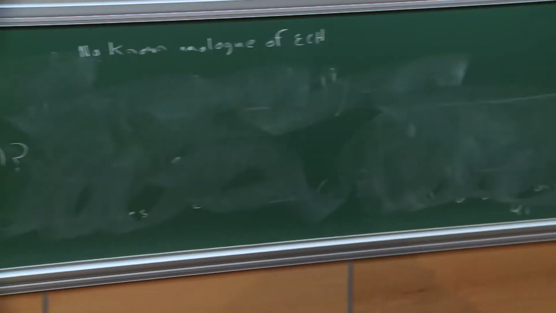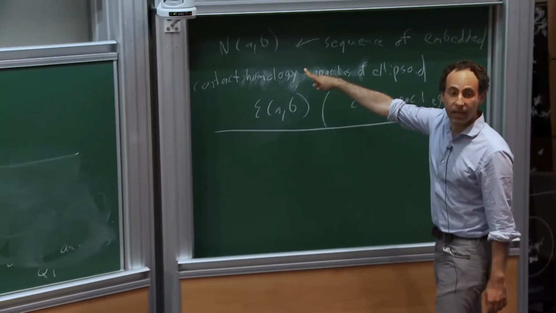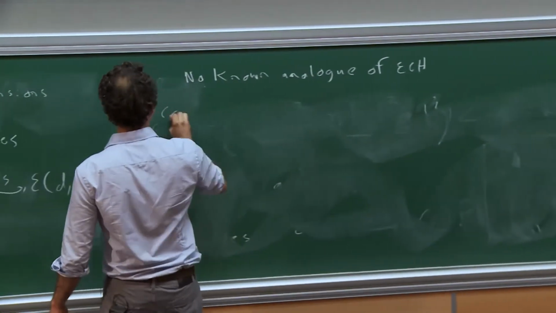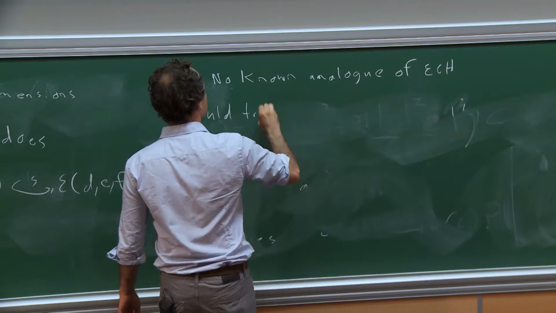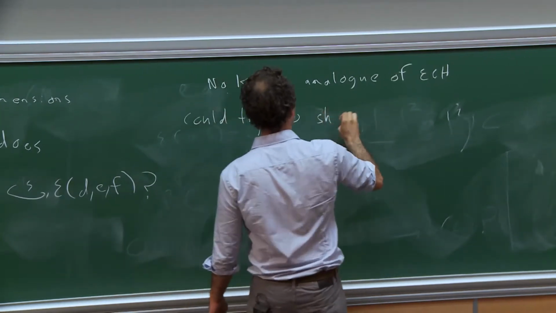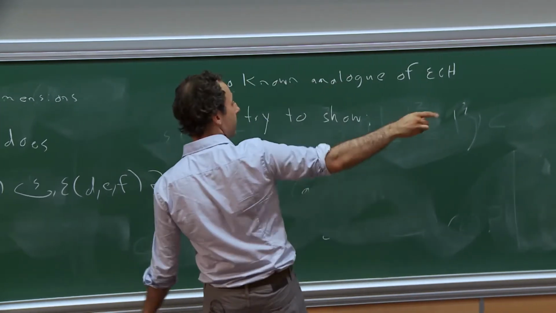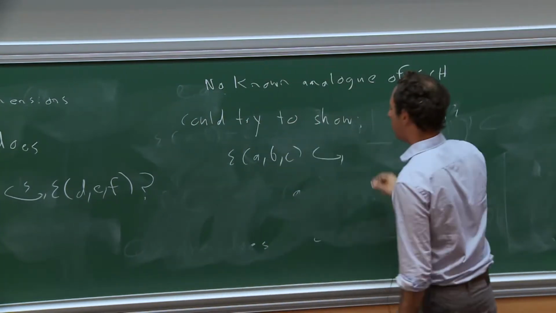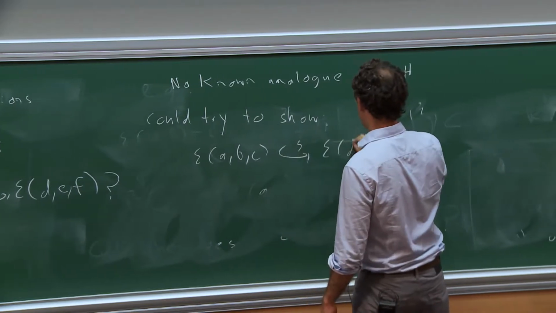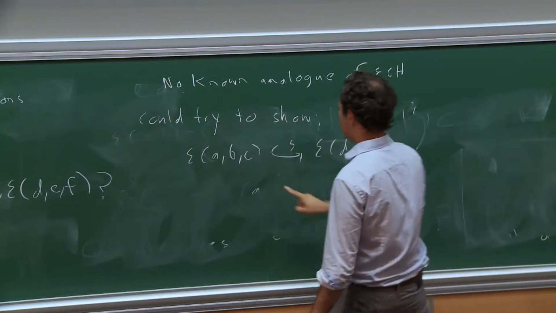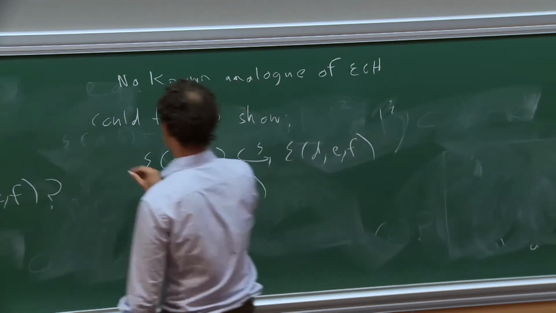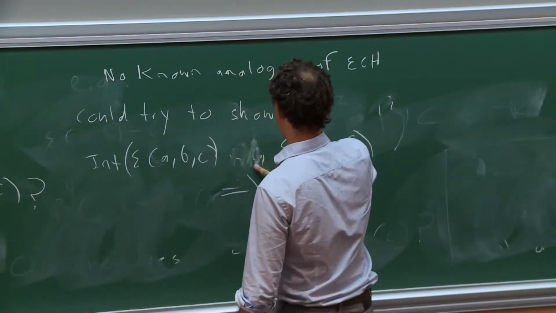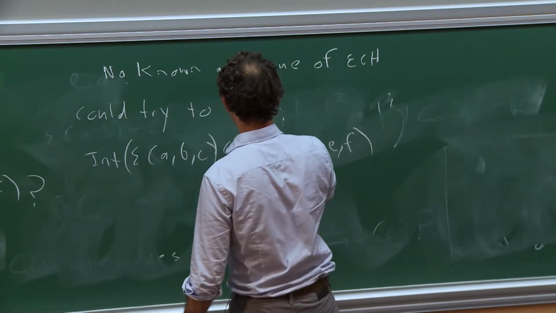Of course, there is an obvious analog of this NAB sequence, and you could still try to guess that this combinatorial sequence still understands the embedding problem. So you could think that perhaps, I suppose I should put interiors here, a result like this should be true.